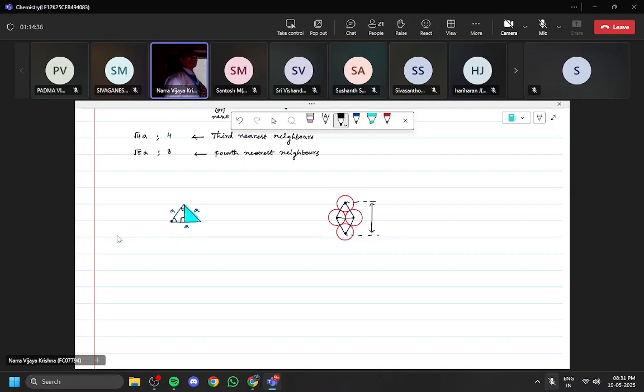Sin theta equals opposite side by hypotenuse. Cos theta equals adjacent side by hypotenuse. So sin 45 degrees equals, what is the opposite side? Height upon hypotenuse a. What is sin 45? 1 by root 2. So a by root 2 is h. Accepted?